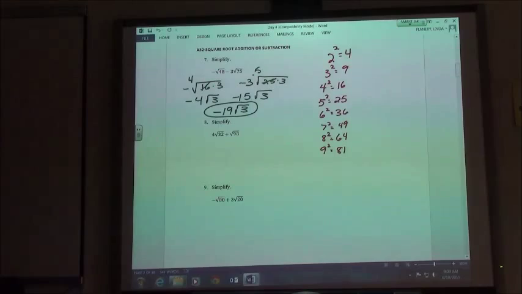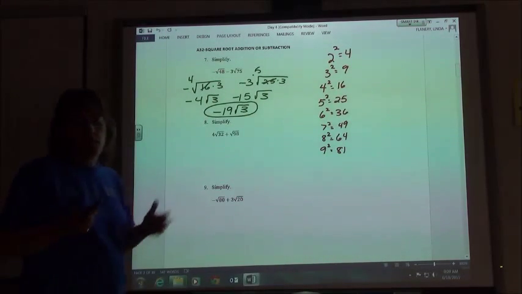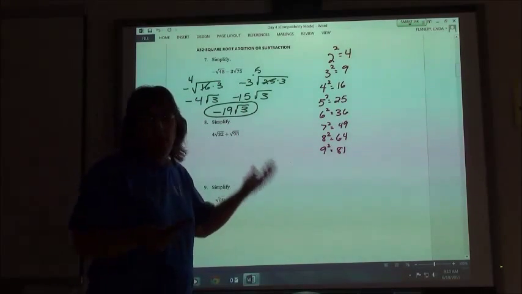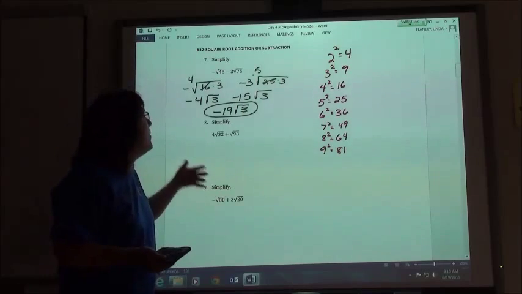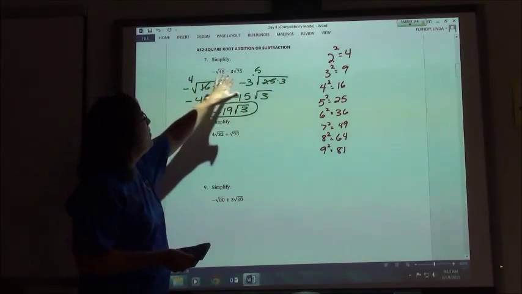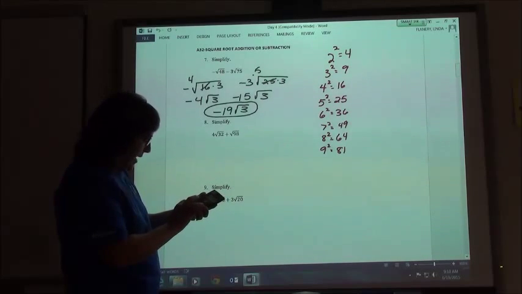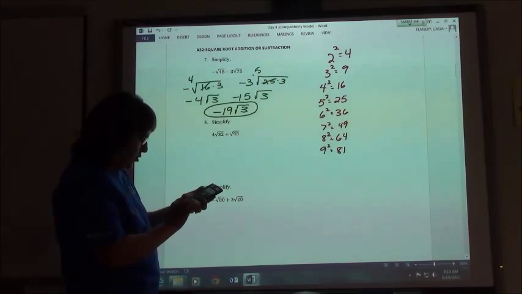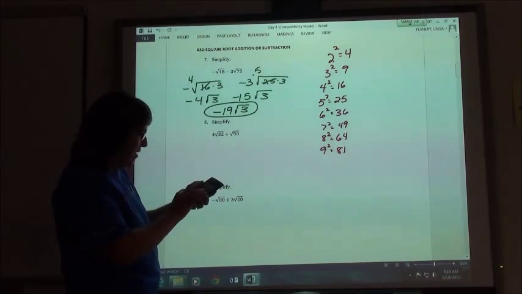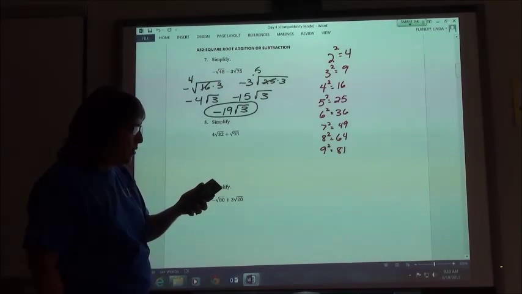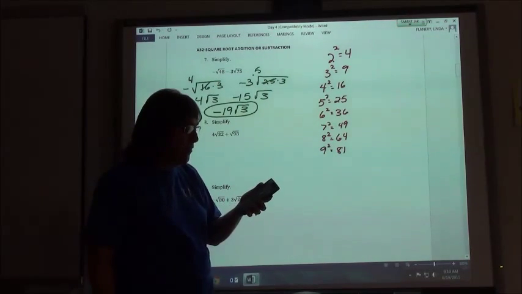Now, because these are irrational values, if you did this on your calculator, you would get, of course, a big, long, crazy decimal number. But you can kind of check yourself by putting it in. Negative square root of 48 minus 3 square root of 75 gives me the decimal negative 32.9089.